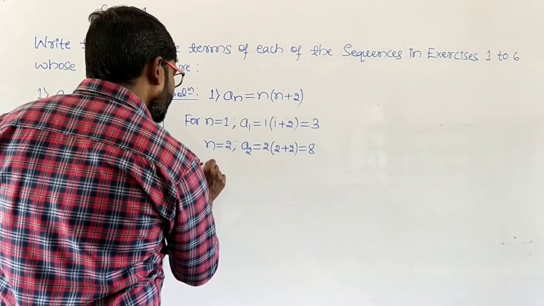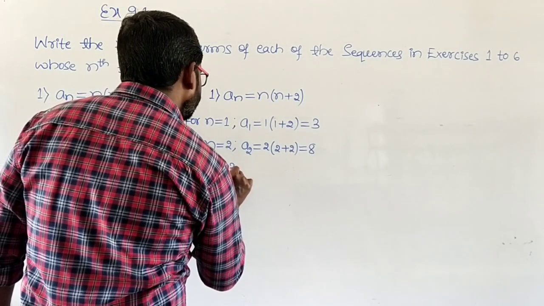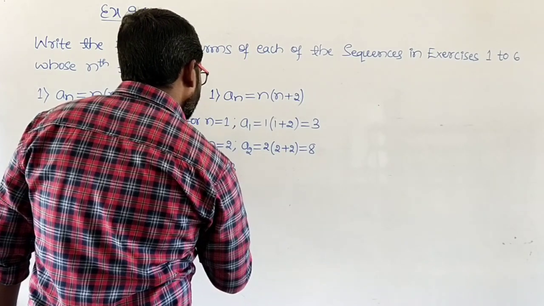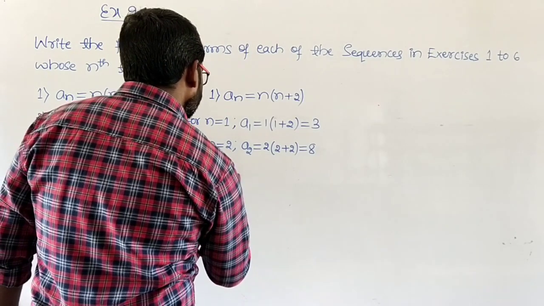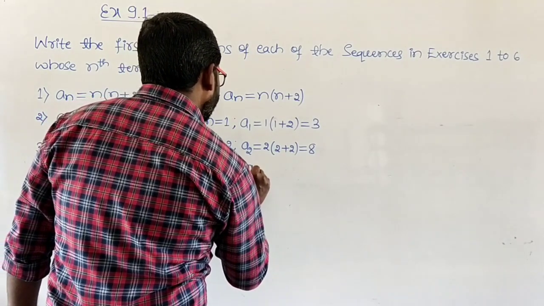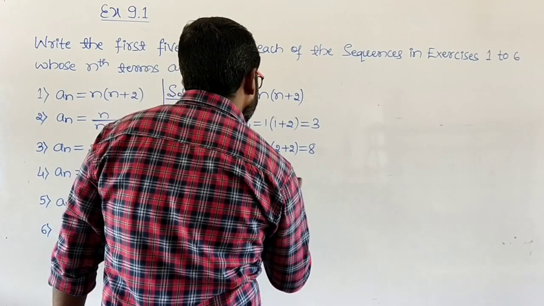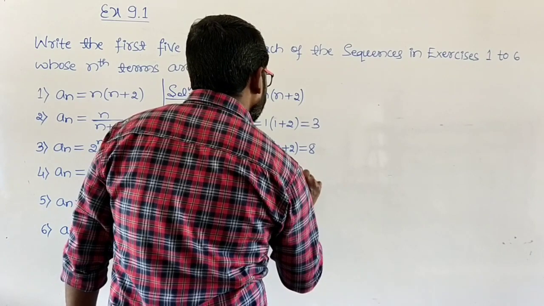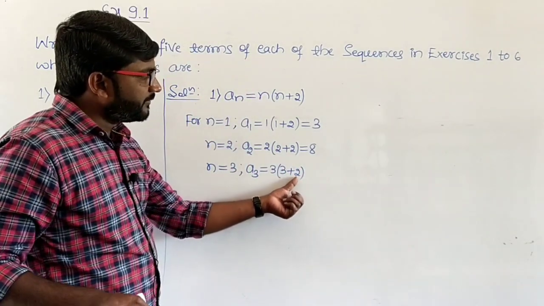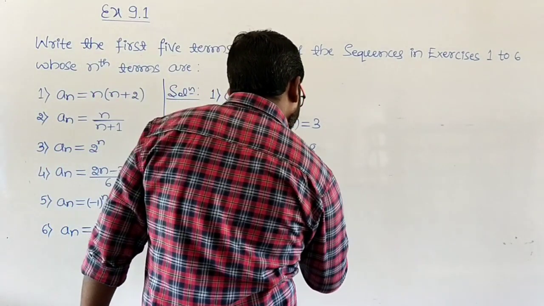Then now for n equal to 3, we get a3. This is equal to 3 into 3 plus 2. So 3 plus 2 it is 5. 5 into 3 it is 15.